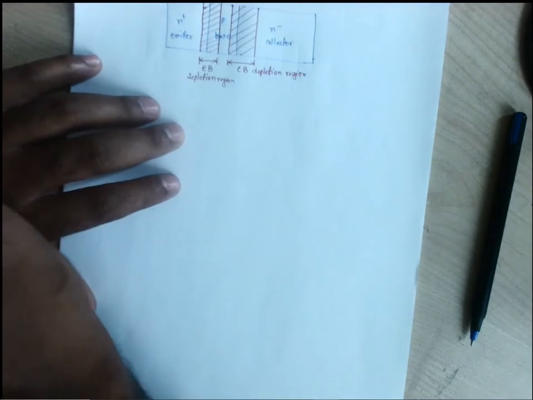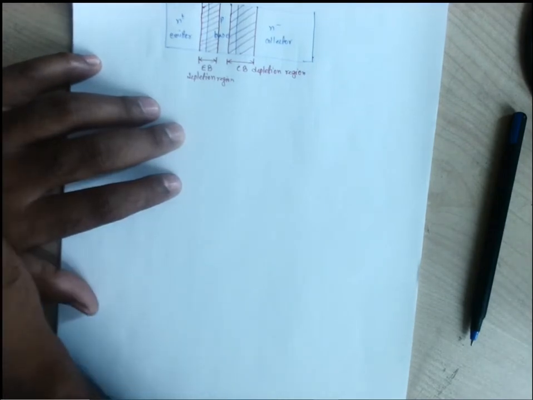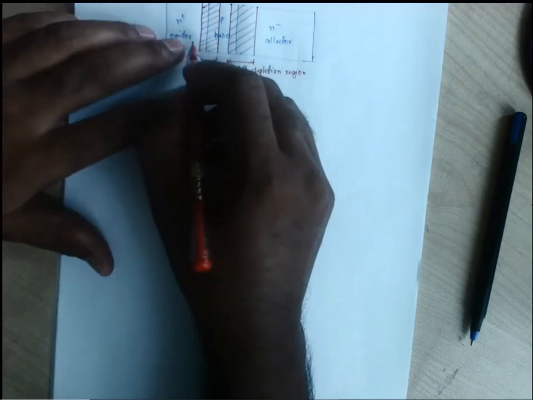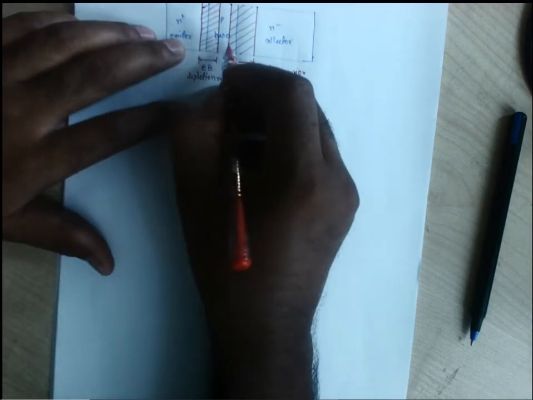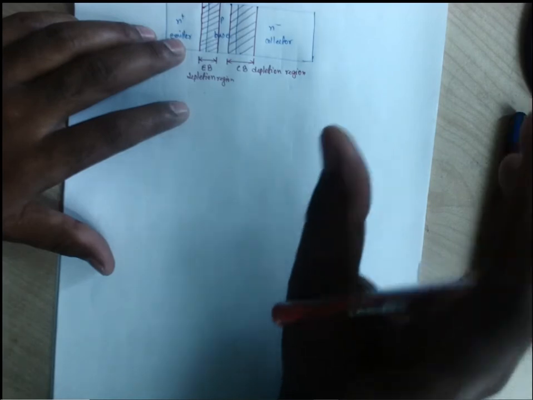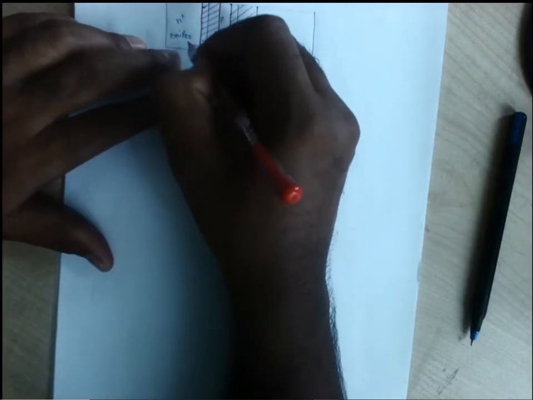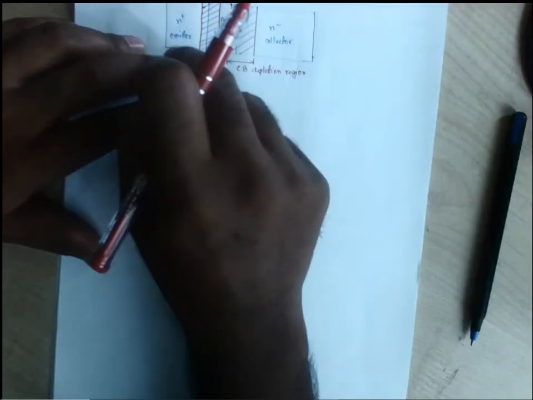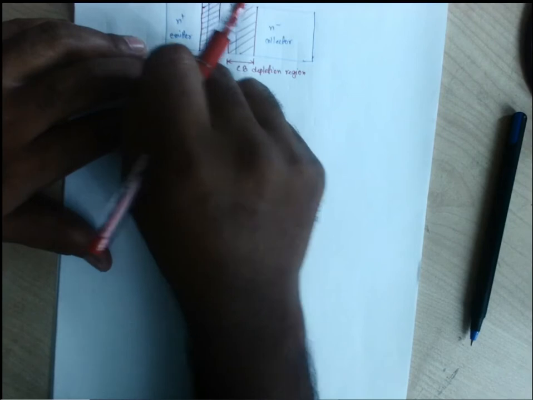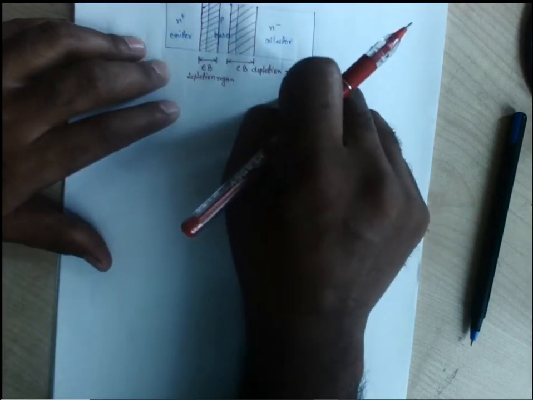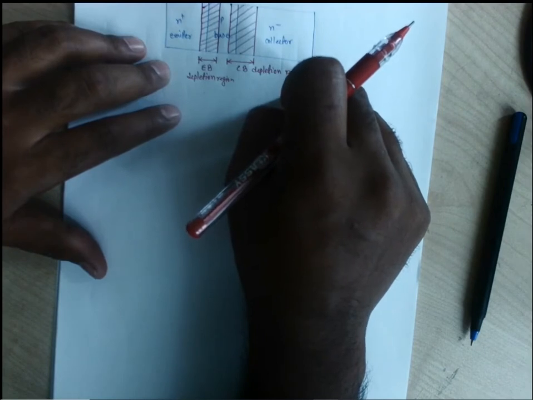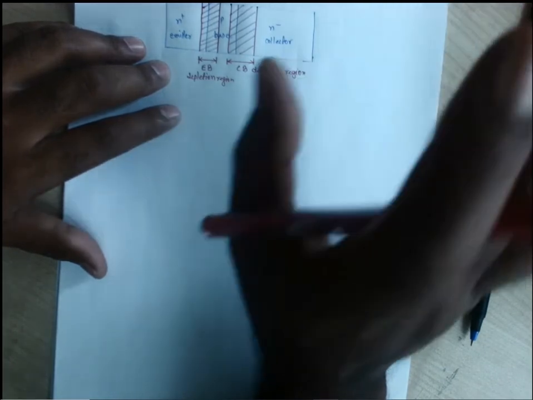Now if we consider this isolated semiconductor crystal for this junction, that is NP junction or PN junction, or similarly if we go with this N material, P material, or N minus material, that is for the N emitter, P base and N collector, we will see how the energy levels are distributed according to the Fermi level.